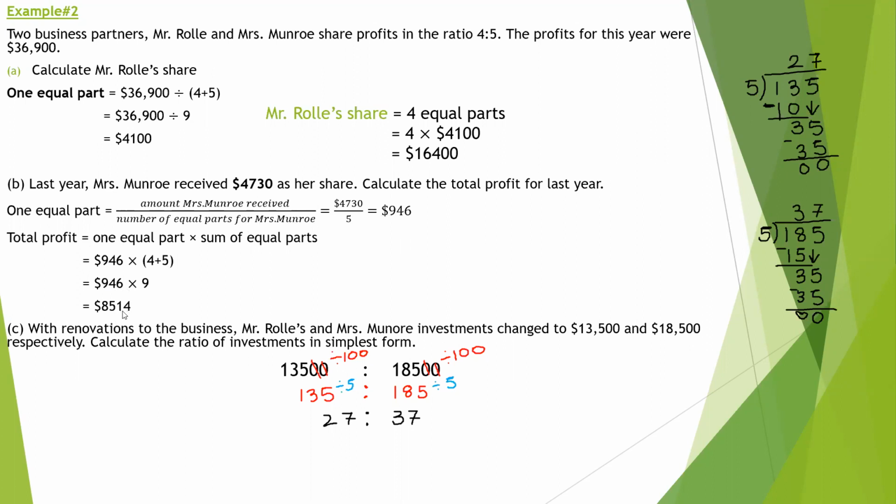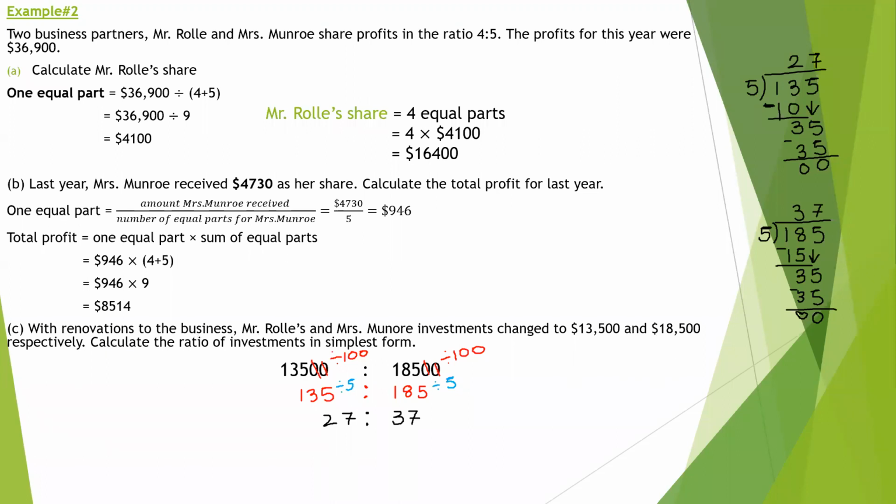And then question C says, with renovations to the business, Mr. Roll and Mrs. Monroe's investments changed to 13,500 and 18,500 respectively, meaning that Mr. Roll got 13,500 and Miss Monroe got 18,500, because that's the order that they come in.